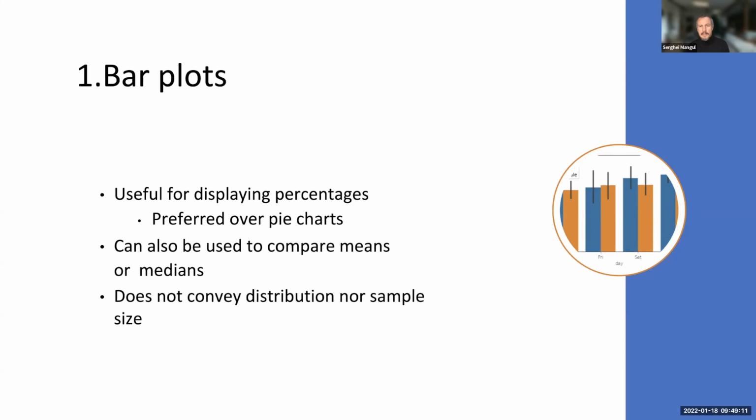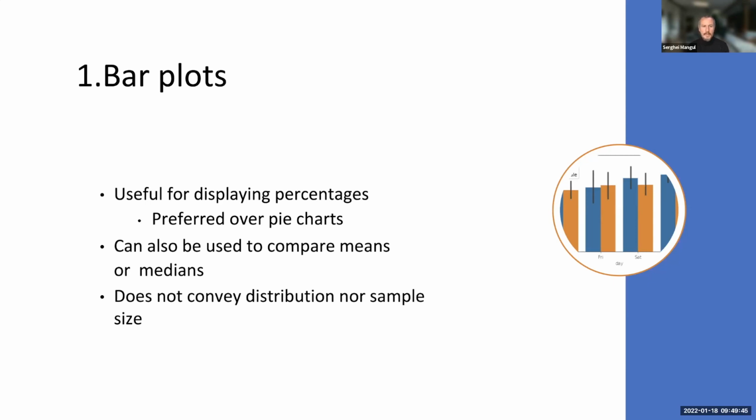So what is the problem with the bar plot? What are the limitations? Obviously each plot will have some limitations. The limitation of the bar plot is that it does not tell you the sample size. Sample size is the number of points in your data. In your example, that's the number of patients who are cases and the number of patients who are controls. Let's say you have 100 and 120. There is no way you will know that from the bar plot. You also will not know the distribution.